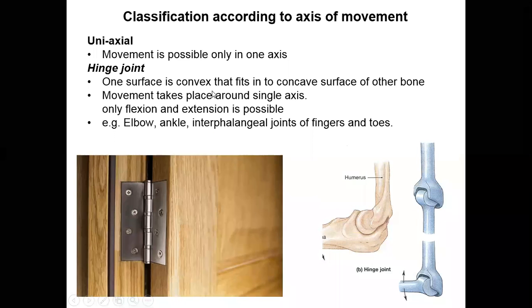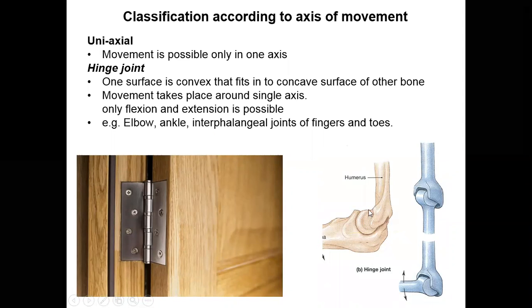Here one surface can be convex and the other can be concave. Here this is a convex surface, this is a concavity. This is the humerus and this is the ulna. We are going to see the elbow joint here as an example of a hinge joint. So this is convex and this is a concave surface. Look at that, we are considering the joint surfaces, the articular surfaces.